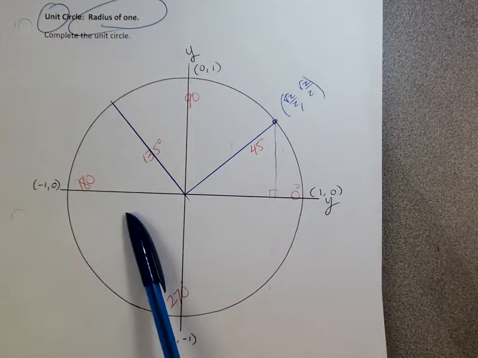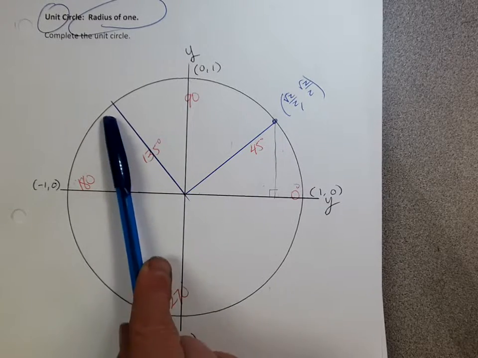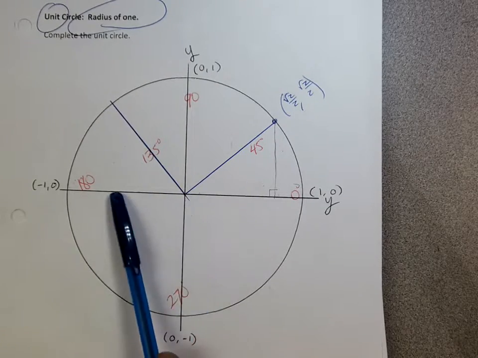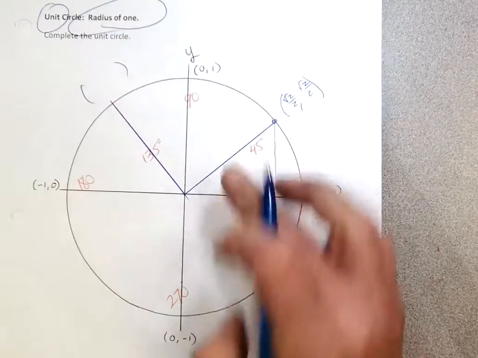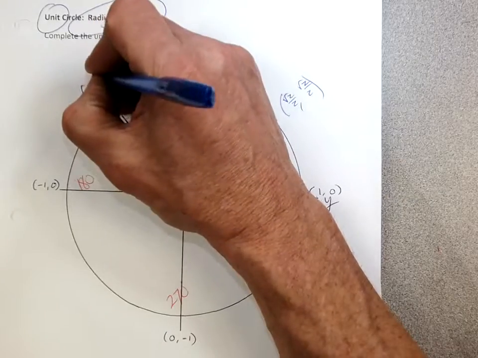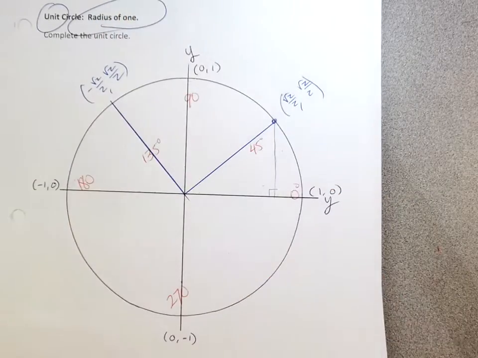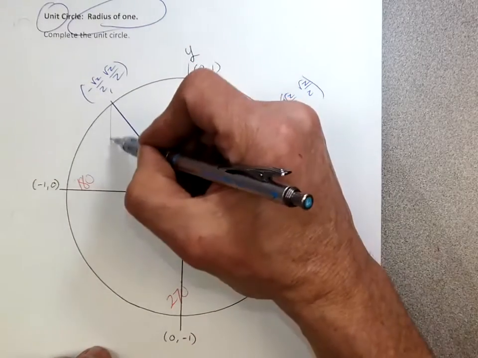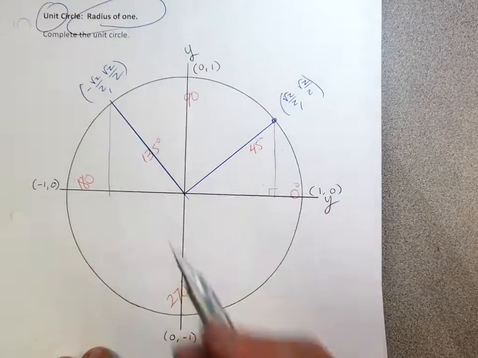And in quadrant 2, to draw this triangle, you have to go back and then up. To get to this point, you have to go back, which would be negative, and then up is positive. So it's the exact same triangle, but it's negative square root of 2 over 2, square root of 2 over 2. I'd go back square root of 2 over 2, up square root of 2 over 2, okay?